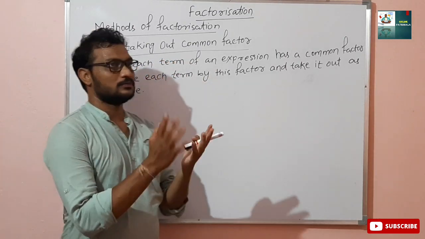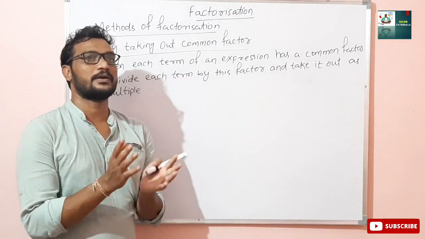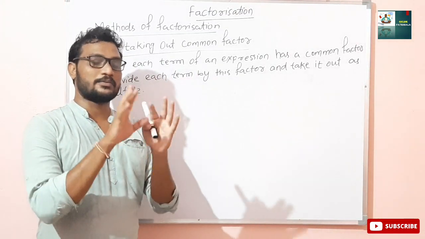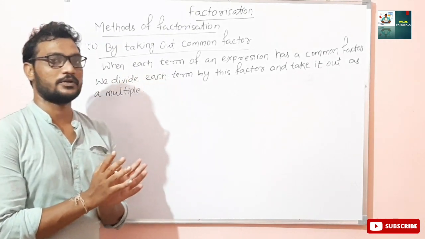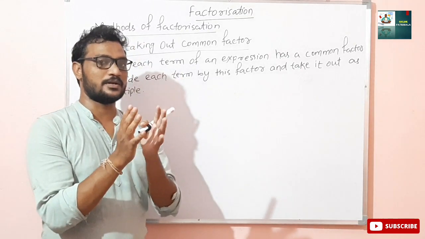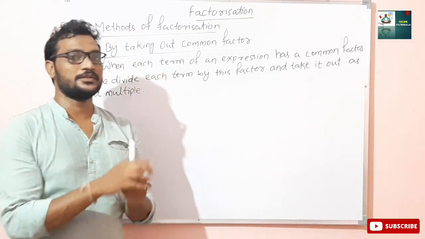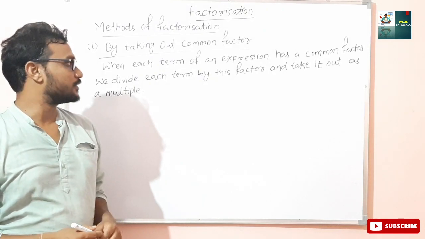When two numbers or an expression is given, you have to find the common factor between the terms, take that common factor outside, and the rest as the multiple. Then it is converted into a factorization.